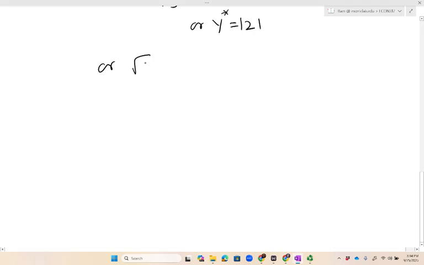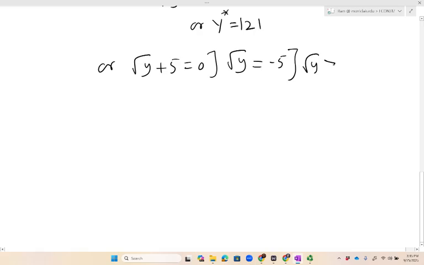Or I have root y plus 5 equal to 0, root y equal to negative 5, and this I want to reject as infeasible, because the national income is a positive number, and I am looking at its square root to be a positive number as well.